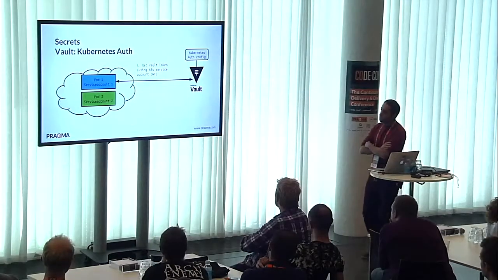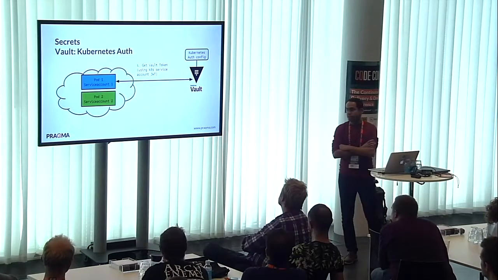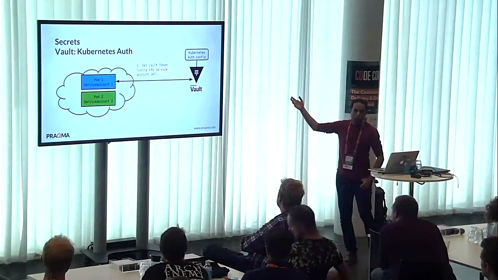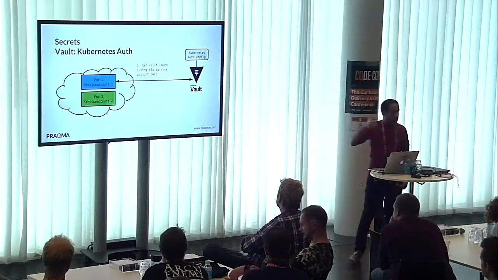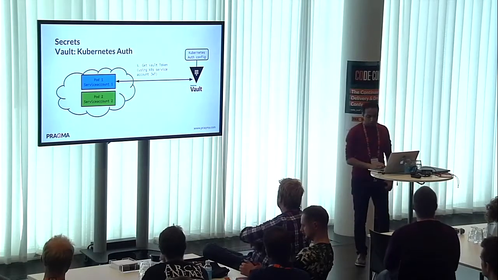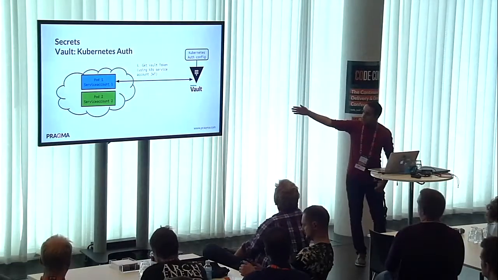So the way it works is that first you will have to configure, of course, the plugin. So you provide security policies that define what secrets you can access based on what service account and so on. And then you give your pods service accounts, which will be then matched to security policies defined by Vault.